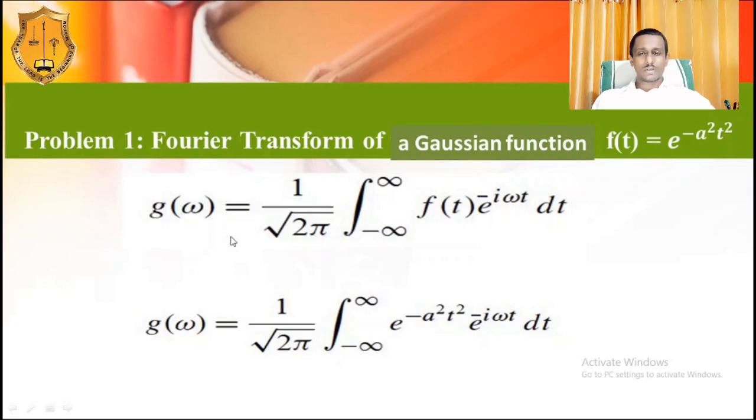Our general equation for the Fourier transform of f(t), in the time domain, into a function in the frequency domain, is g(ω) equal to 1 by root 2π integral minus infinity to plus infinity f(t) e raised to minus iωt dt. Therefore, g(ω) is equal to 1 by root 2π integral minus infinity to plus infinity e raised to minus a squared t squared into e raised to minus iωt dt.